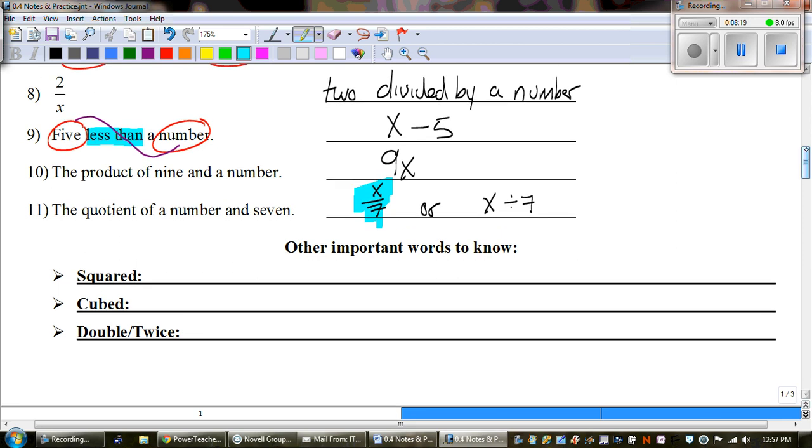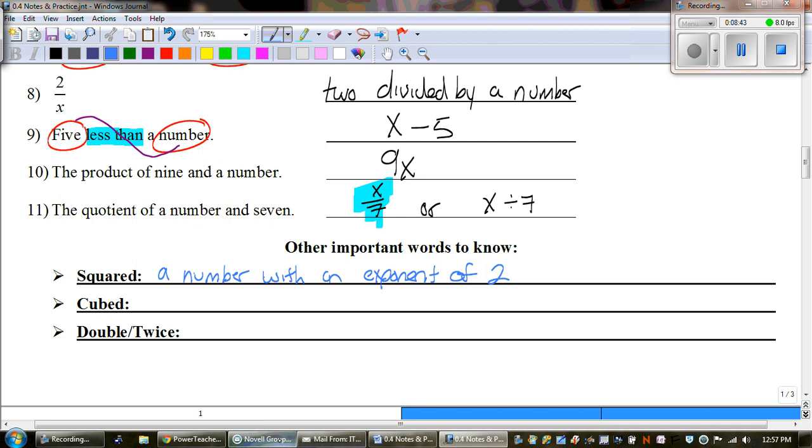All right, let's move on down. So, some other important words to know. Squared. When you see squared, we need to know that that is a number with an exponent of 2.